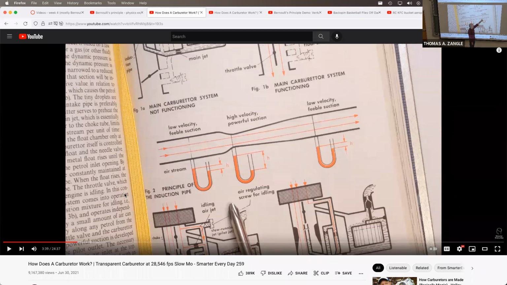The higher this delta h is, the lower the pressure is at that region of the venturi. And so we can see that in the center region here, we have a larger delta h, and therefore we have a lower pressure at this neck of the venturi than we do at either the inlet or the outlet. That makes sense?